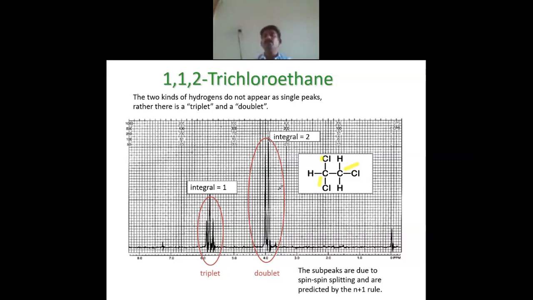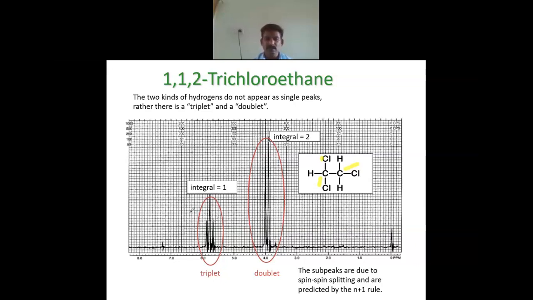And the second thing. Now, neighboring. So this carbon, this proton is our neighboring. Two protons are there, so n plus 1. So how many peaks? Three peaks will appear, multiplet 1 is to 2 is to 1.